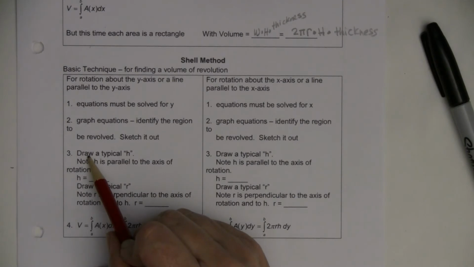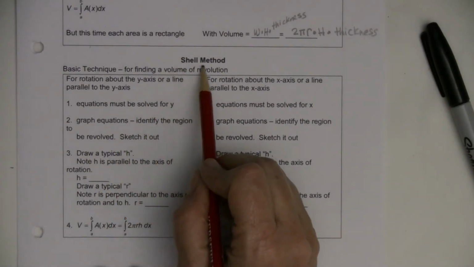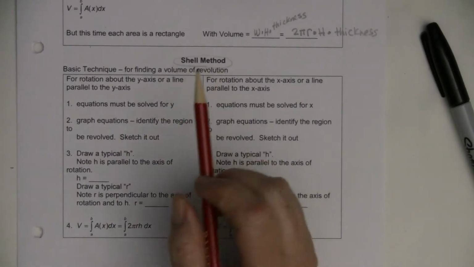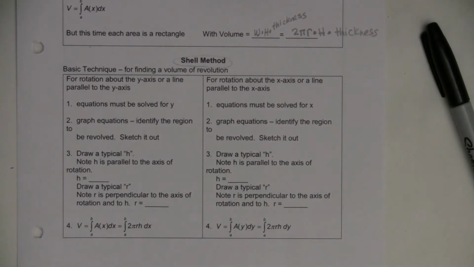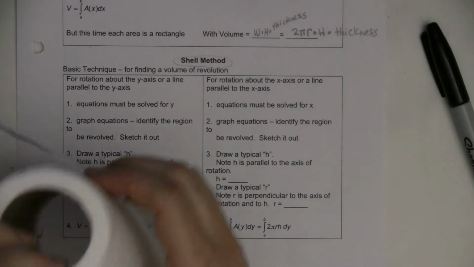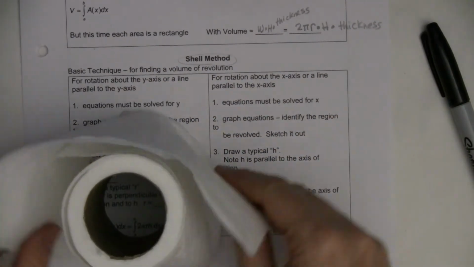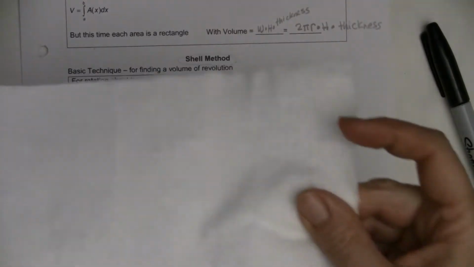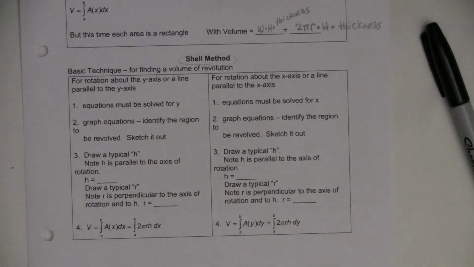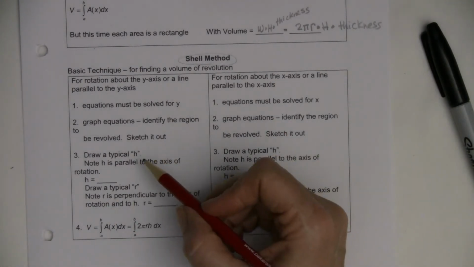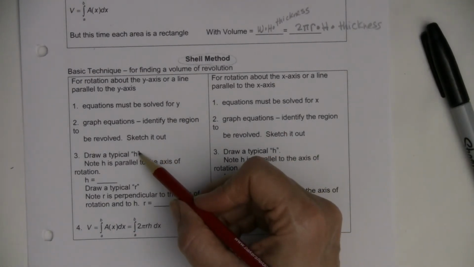And when you're doing the shell method, I forgot to say that was called the shell method. The reason that it's a shell is because when you start peeling these off, you're peeling off the outer shell, kind of like peeling an onion.